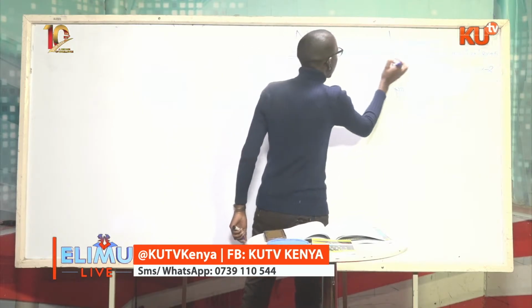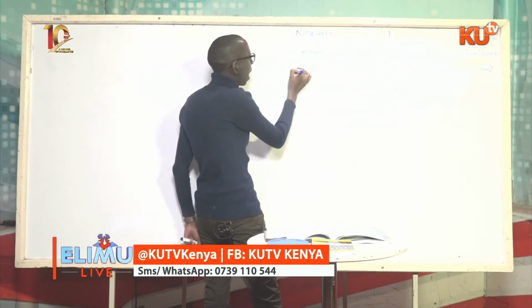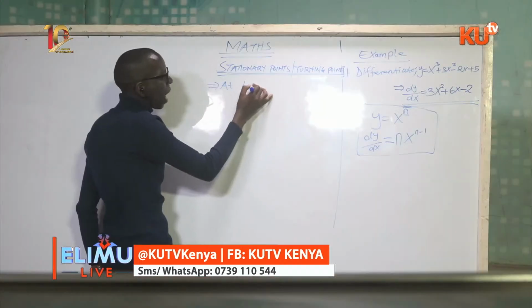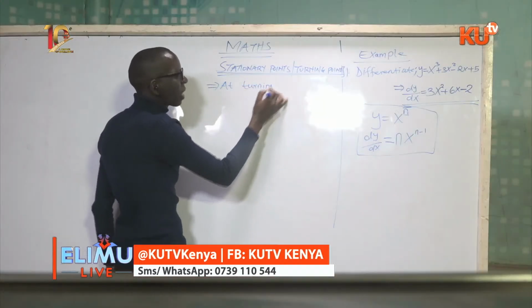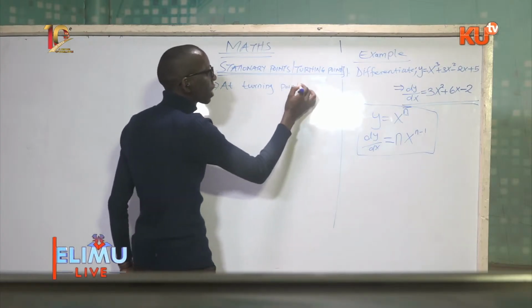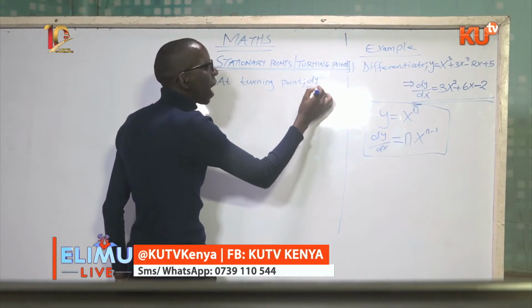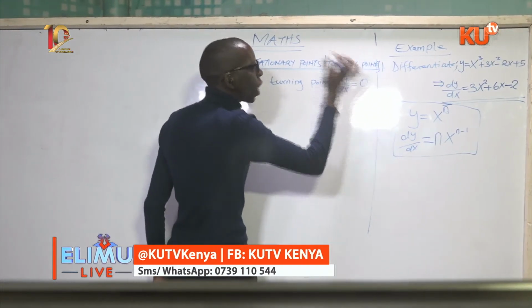When you're told to get the turning point, at stationary point or at turning point, dy over dx is equal to 0.